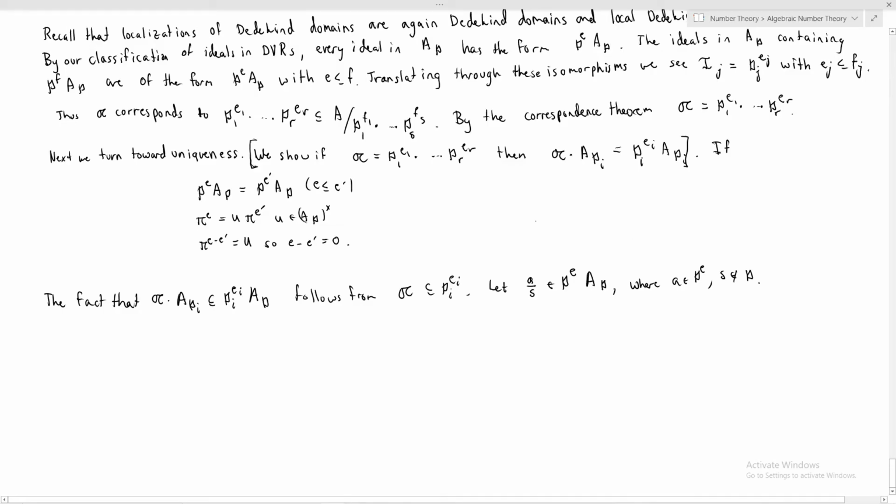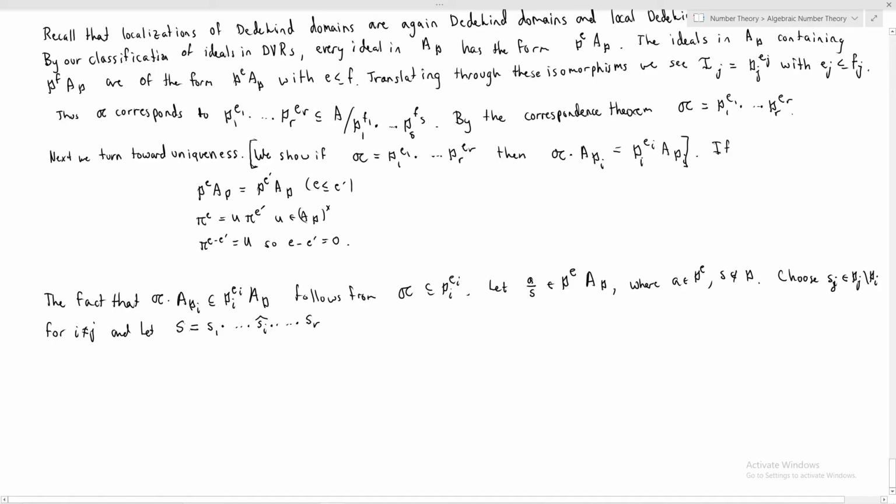So since all these prime ideals are distinct, we can find an element s_j in P_j, kicking out P_i for j not equal to i, and we're going to let capital S be the product of all these, where I obviously don't include s_i because I haven't even defined it.